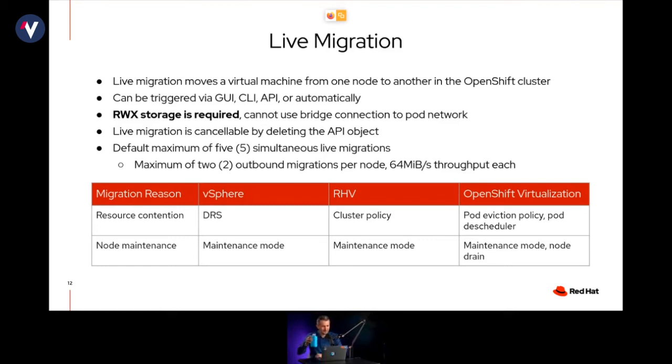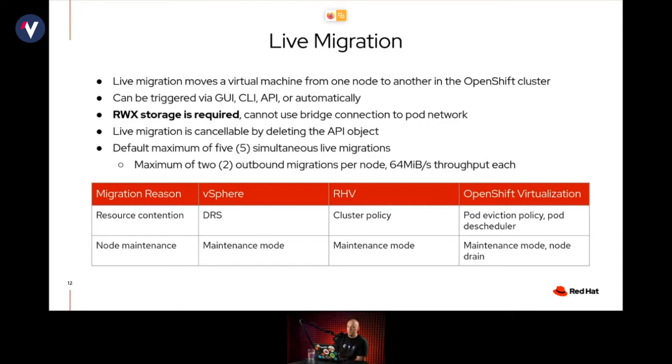Yeah. So again, last week I showed you and we briefly discussed the live migration capability of OpenShift Virtualization, which allows us to migrate running VMs between different nodes. Of course, what is required here is RWX storage, so shared storage that needs to be used as storage for disks.